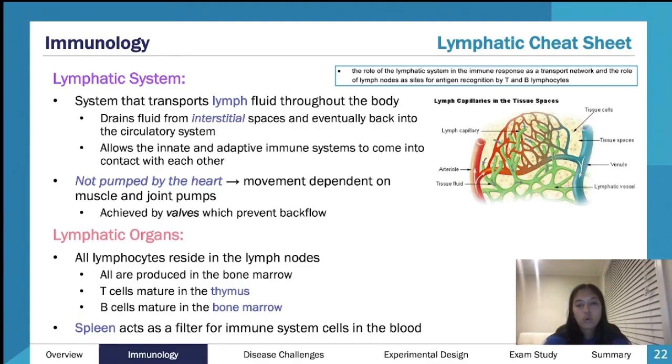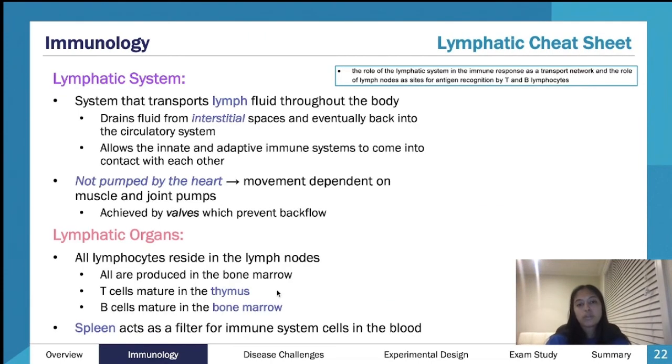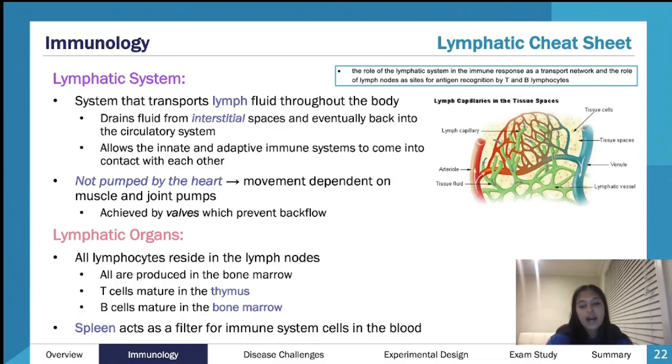Your lymphatic organs are important because they're where our cells can sort of reside or grow. So lymphocytes will sit in your lymph nodes. So with this process here of your antigen presentation, when you present it to a lymphocyte, you're going to be moving to a lymph node.